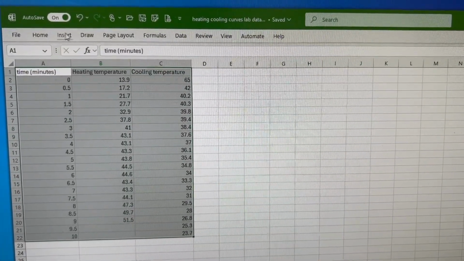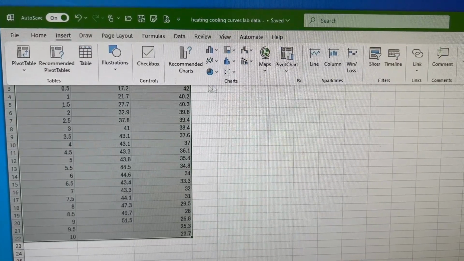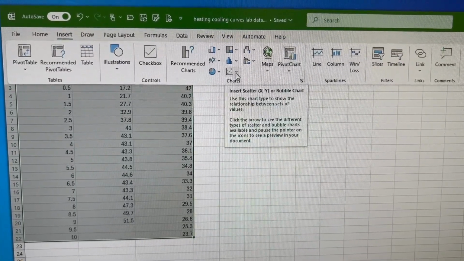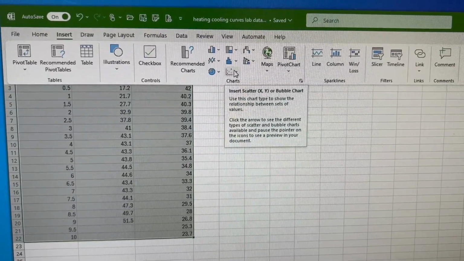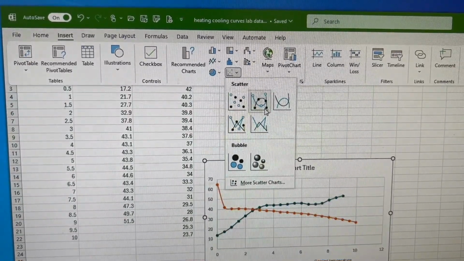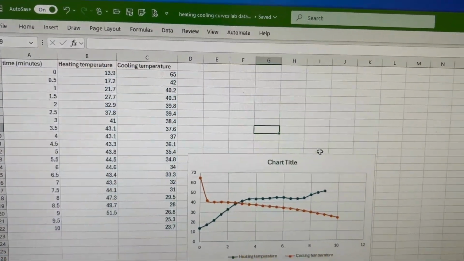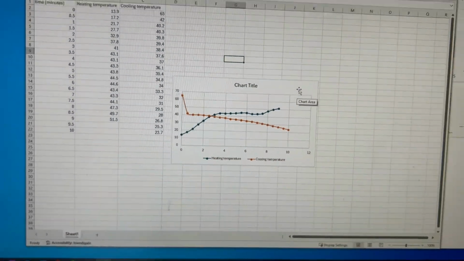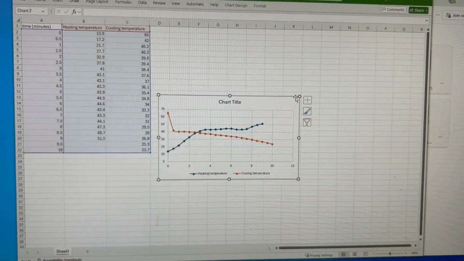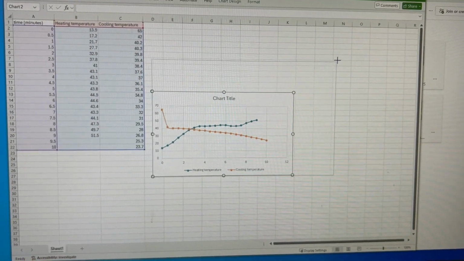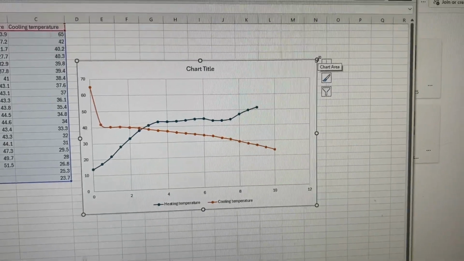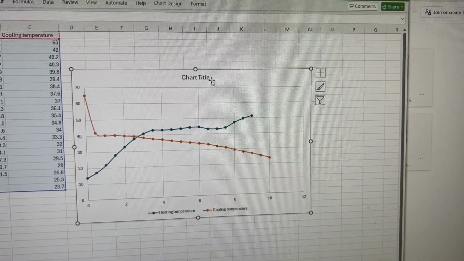And we're going to insert a graph, XY scatter. We're going to pick the one that has a smooth line in it, and voila. Now we're going to add some information, so we're obviously going to put a chart title.